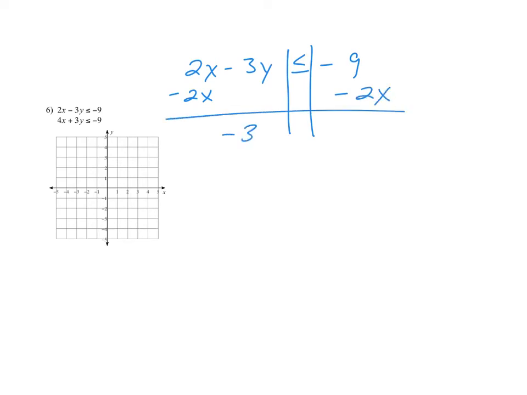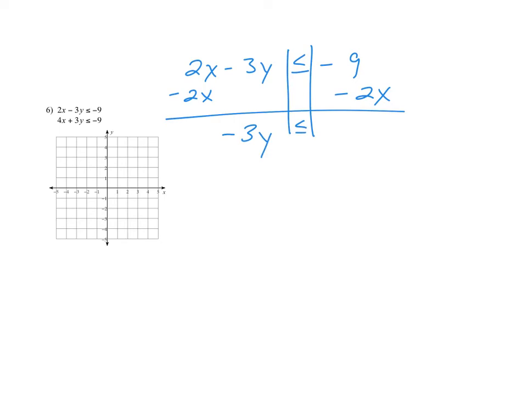The last example. This example is also not ready to graph. So if I take 2x minus 3y less than or equal to negative 9, if you need to do this, you may. I'm going to subtract the 2x because it's positive 2x minus 2x, negative 3y is less than or equal to.